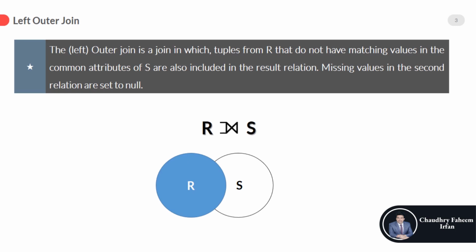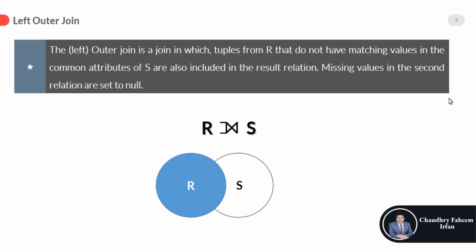All the tuples from the left relation, which is represented with R, are included in the resulting relation. If there are tuples in R without any matching tuples in the right relation S, then the tuples in S will be null.